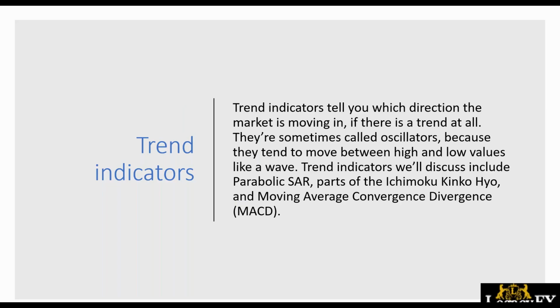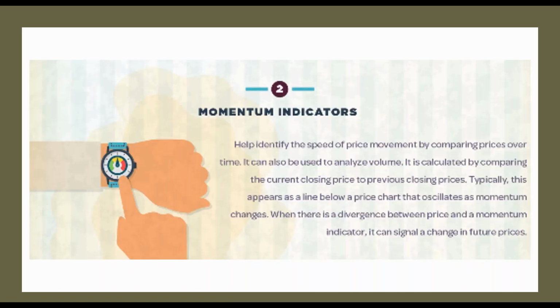Trend indicators tell you which direction the market is moving in, if there is a trend at all. They're sometimes called oscillators because they tend to move between high and low values like a wave. Trend indicators range from parabolic SAR to MACD, moving average convergence divergence. Okay, that's one grouping of them.